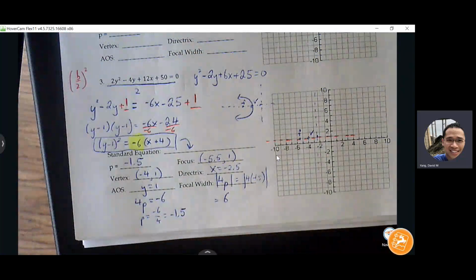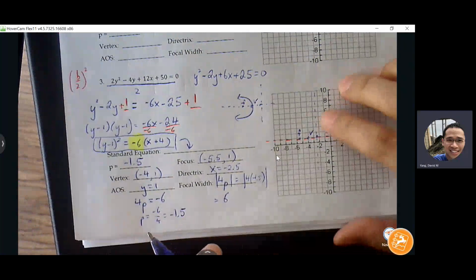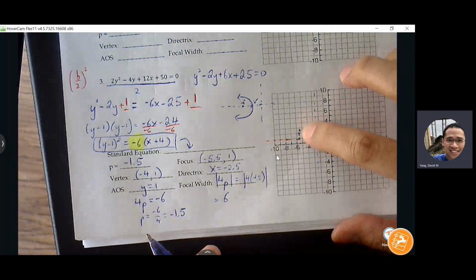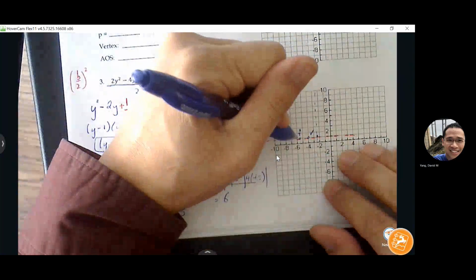Okay, so my focal width is going to be 6. So I'm going to start on the focus. I'm going to go up and down 3 units.